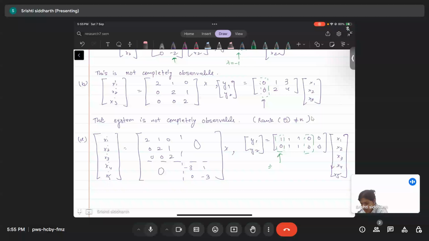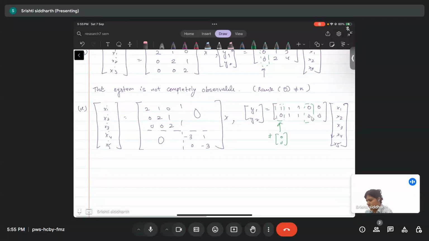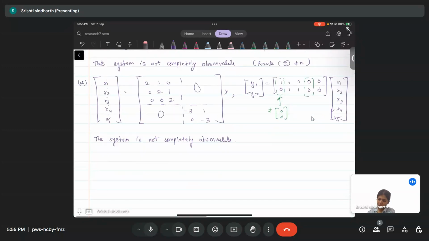This is a non-zero column, but this is 0. So hence the system is not completely observable. So in the case of repeated eigenvalues, you need to look at the first column and then comment on whether the system is observable or not.